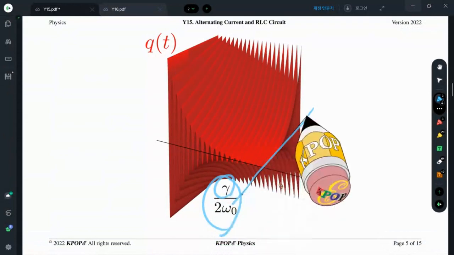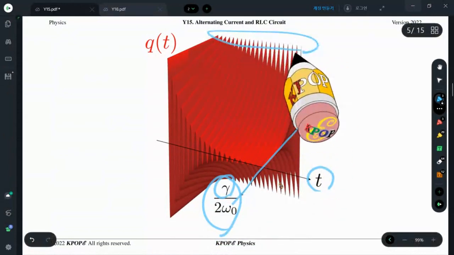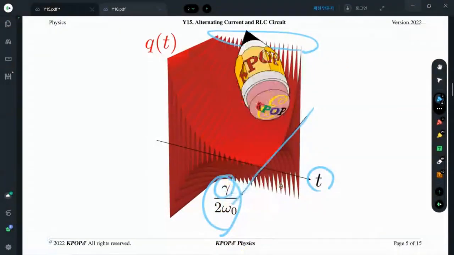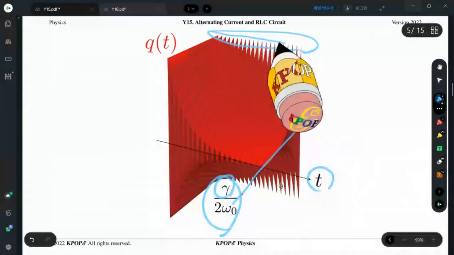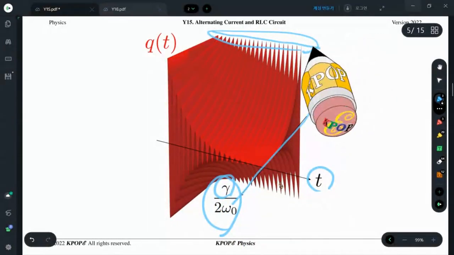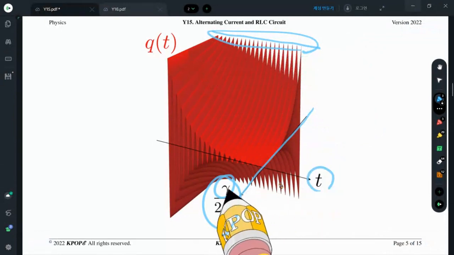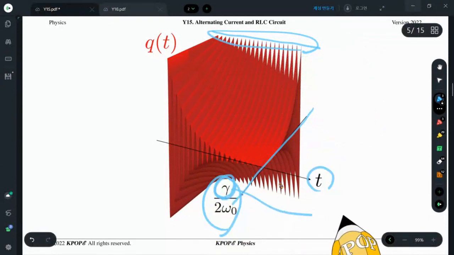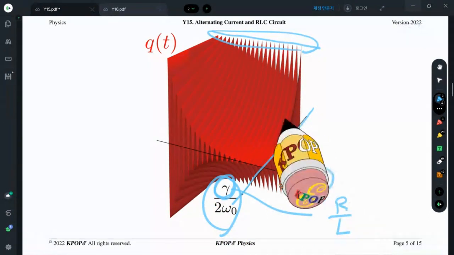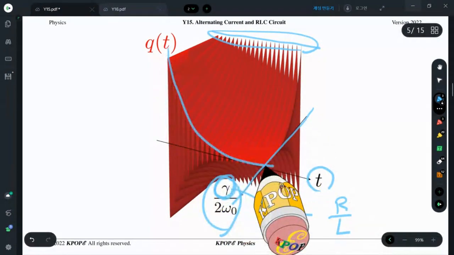When gamma becomes 0, what's that? It is simple harmonic oscillation. The amplitude is flat. The amplitude does not decay. However, if we increase gamma, that means R over L increases, it decays exponentially.